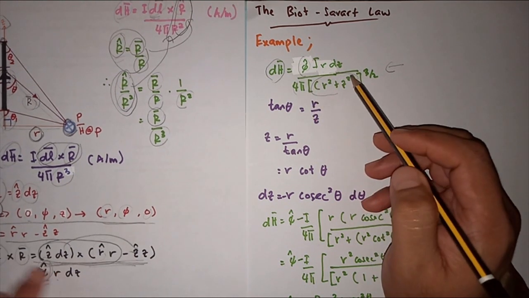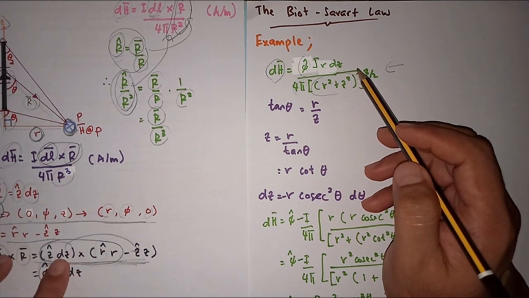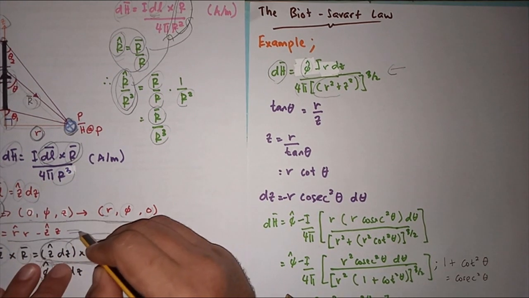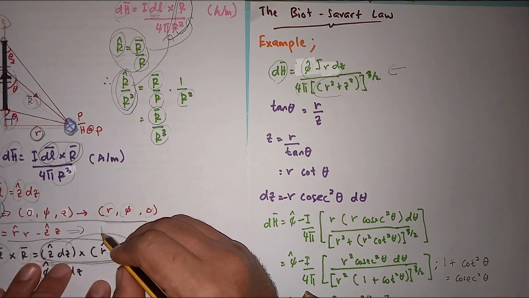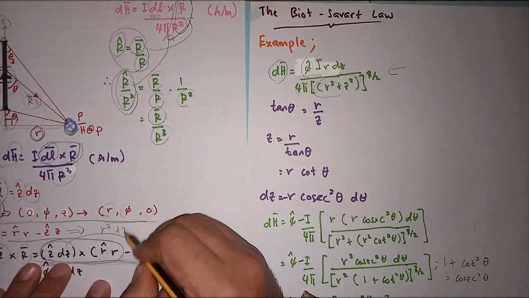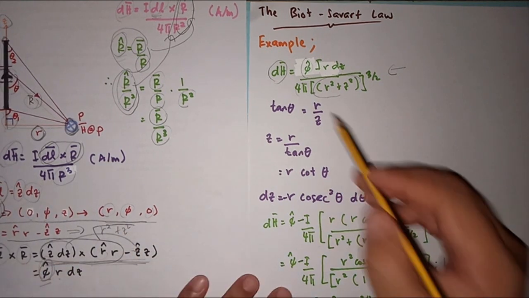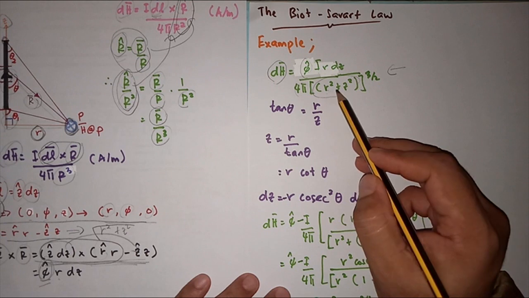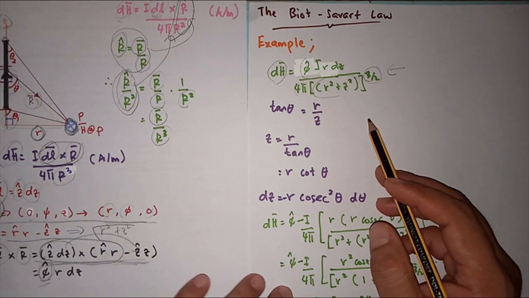For the distance here, based on this vector, the amplitude is equal to the square root of r squared plus z squared. So we will have r squared plus z squared to the power of 3 divided by 2.